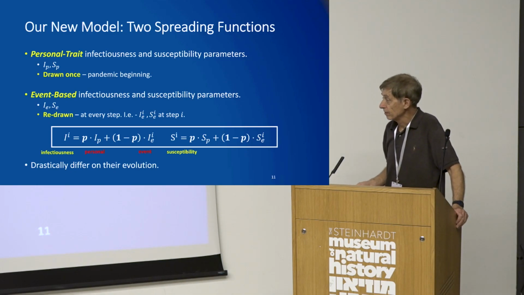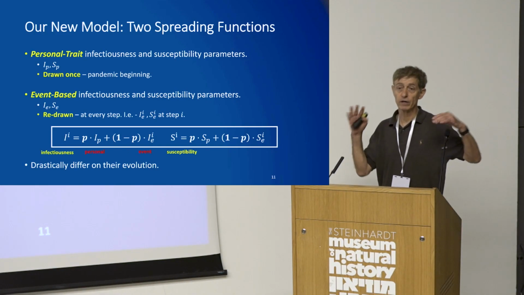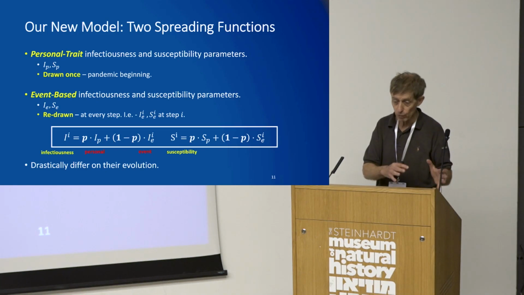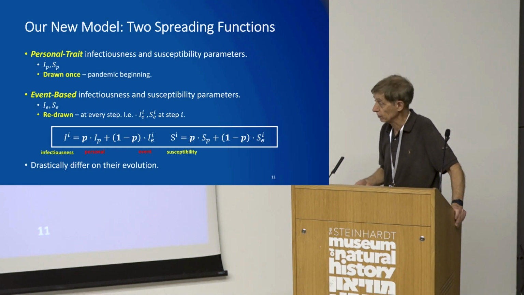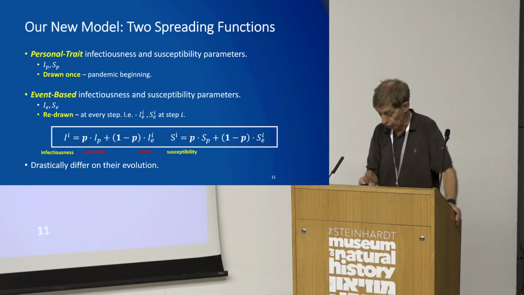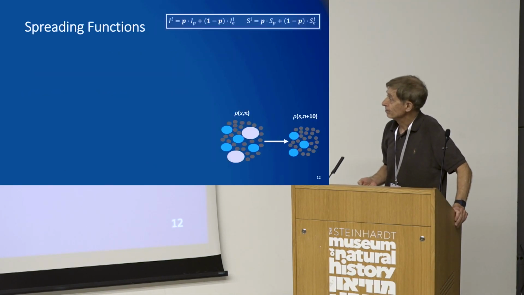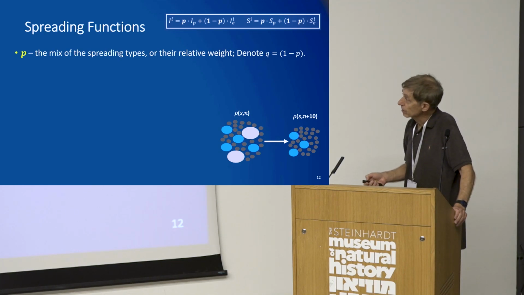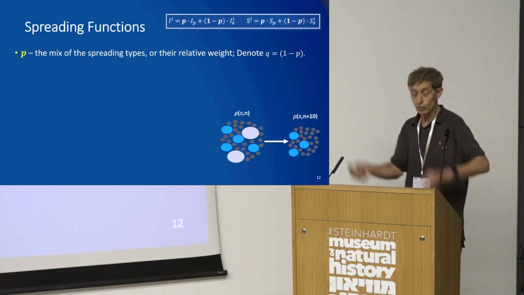And the two spreading factors are drastically different in how they progress. Because one of them progresses in one way, the other one progresses in a different way, and we have to track their combined progression.